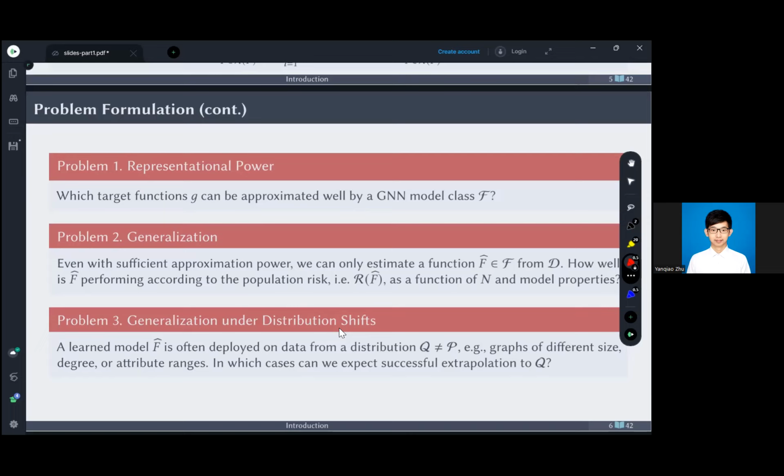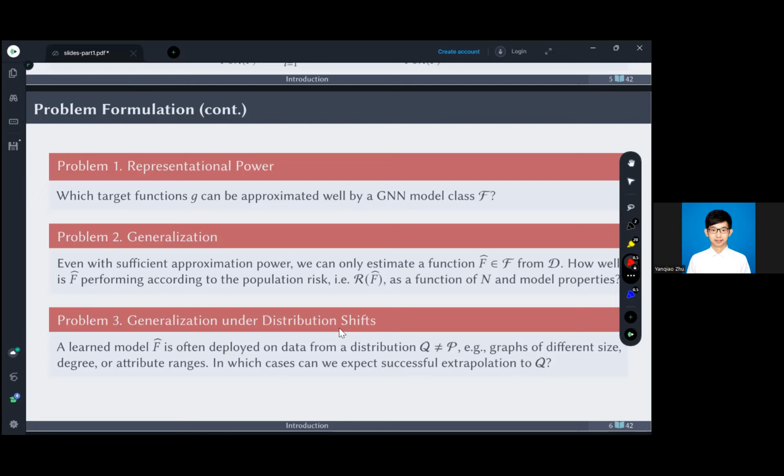The third problem is that we usually employ GNN models on test samples from different distributions. A learned model is usually deployed on a different distribution Q, not equal to P. For example, in molecular representation tasks, we usually concern molecules that exhibit different properties in training samples and test samples.